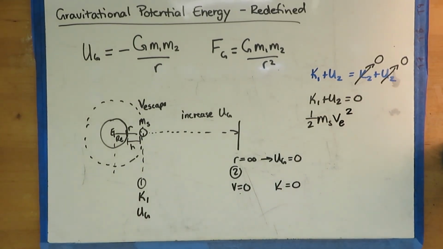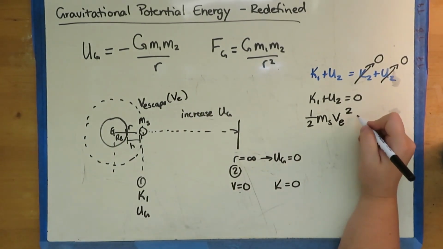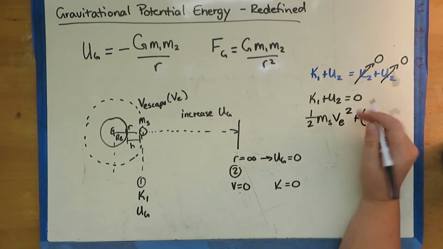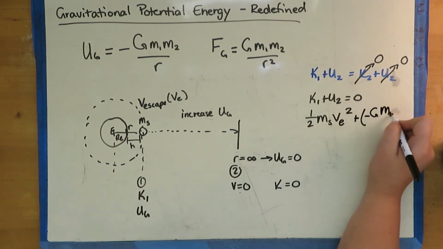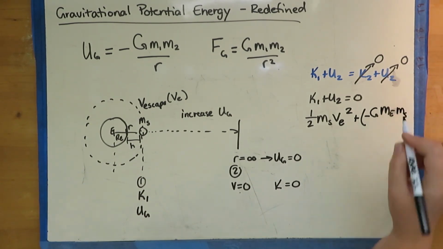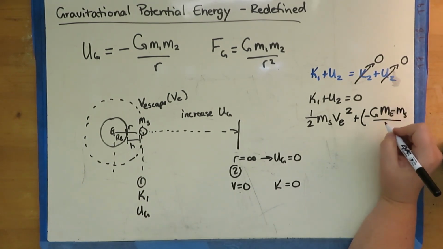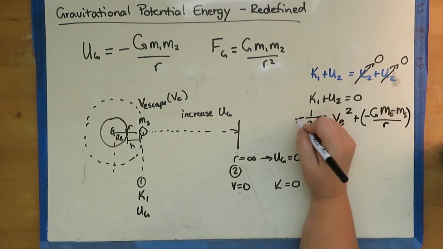I'm going to abbreviate that as VE because I want to write out escape. Plus my gravitational potential energy is negative G mass of the Earth, mass of the satellite over my radius between them. And that has to equal 0.